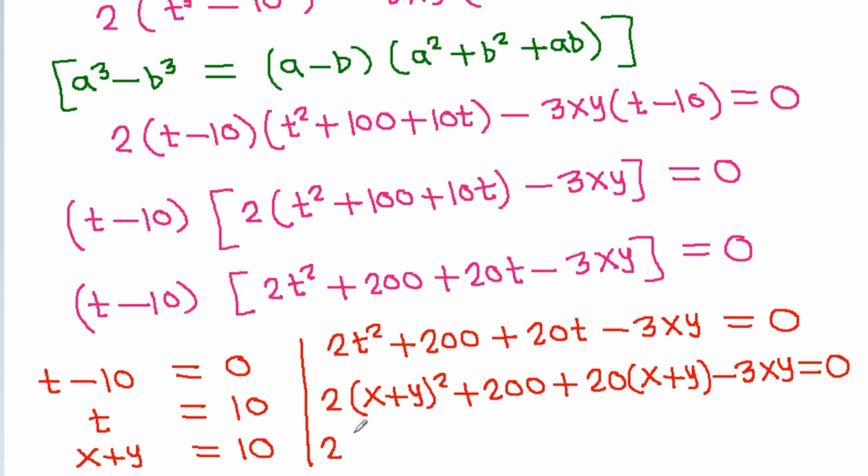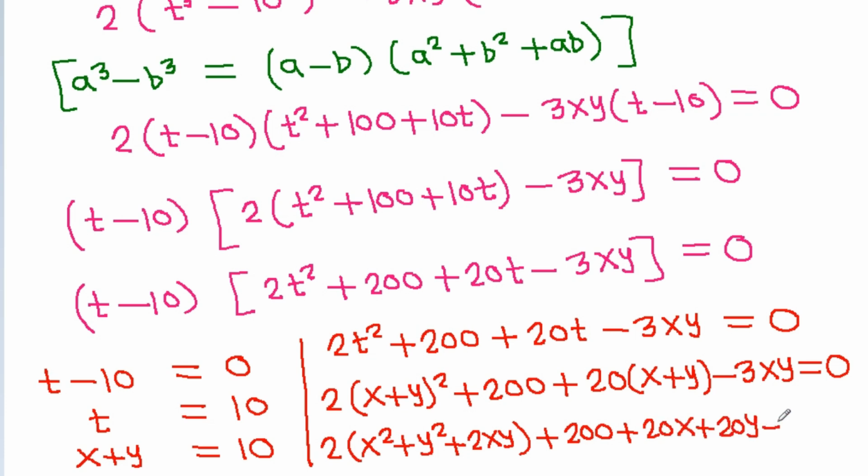And it is 2 times (x plus y) square, which is x square plus y square plus 2xy, plus 200 plus 20x plus 20y minus 3xy is equal to 0.